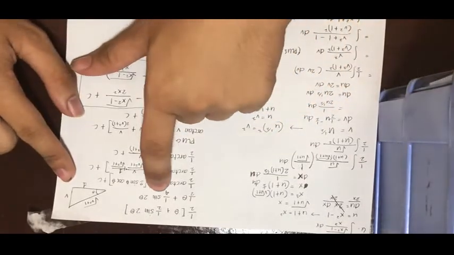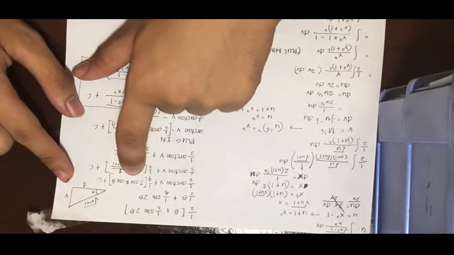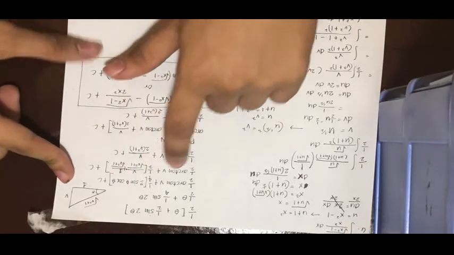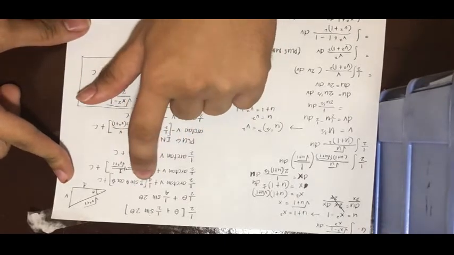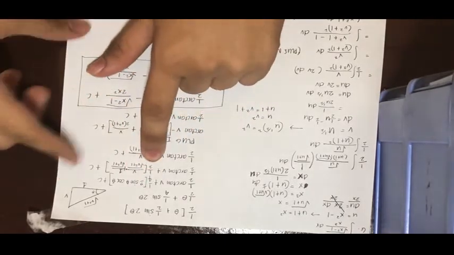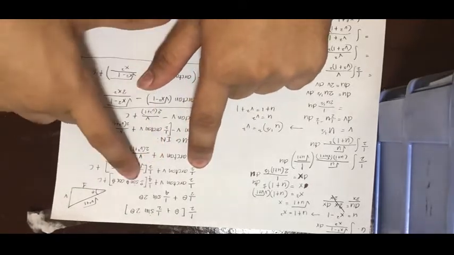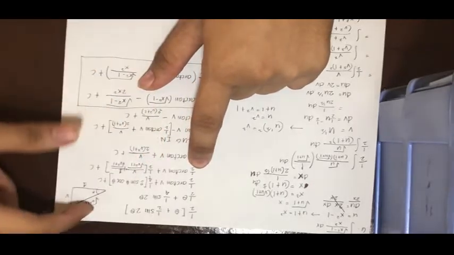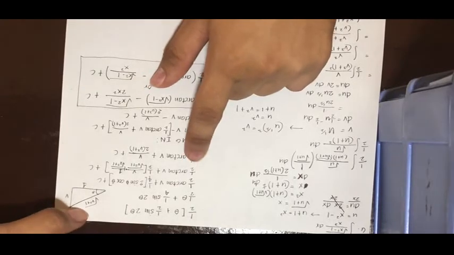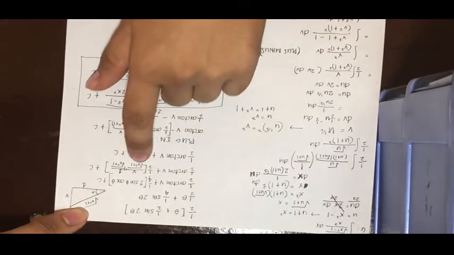So sine 2 theta is equal to 2 sine theta cos theta. And now this 2 here would be multiplied to 1/4 right here, and we get only 1/2. Now sine theta is opposite over hypotenuse, so that's v over v squared plus 1 as shown right here.